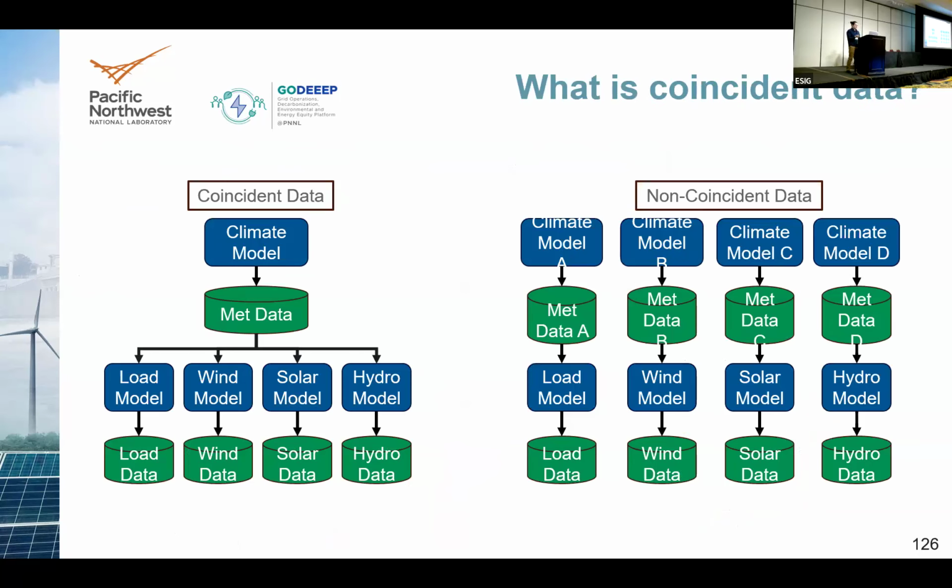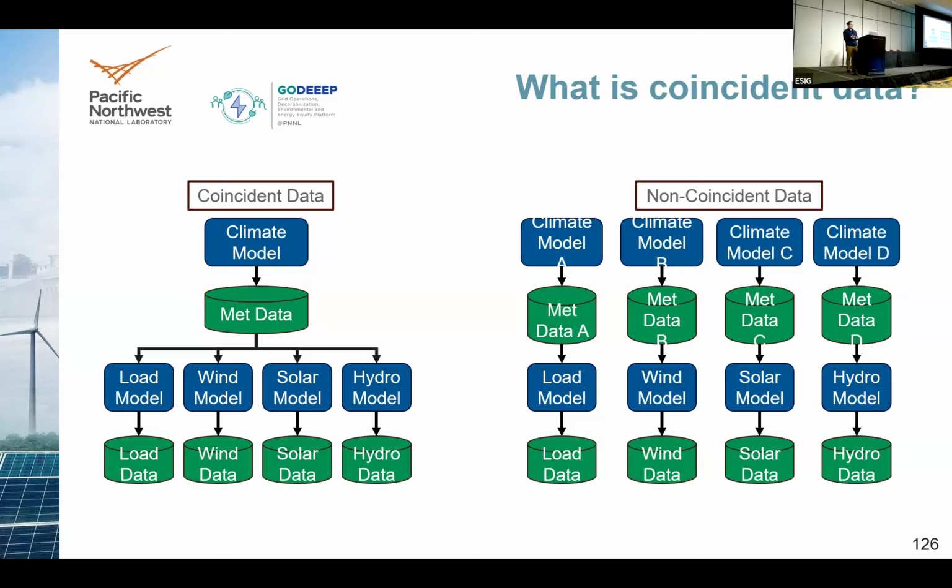So what is coincident data? One definition is that it's derived from a single climate model. You take a climate model, you process it into some sort of meteorological data, which is input to component models that are of specific interest to power system folks, such as load, wind, solar, hydro, and probably others, and you get useful data for your power system models out of that.